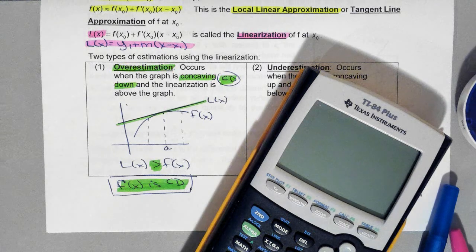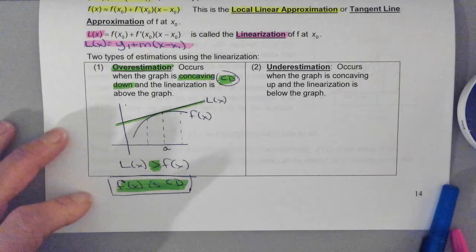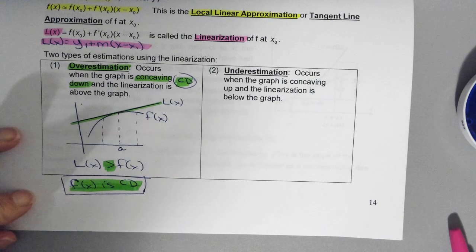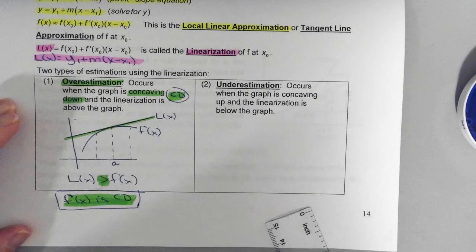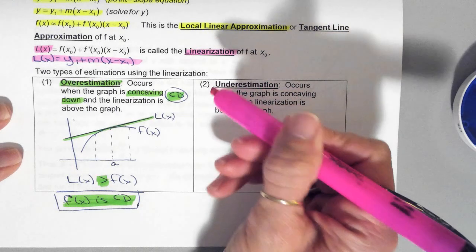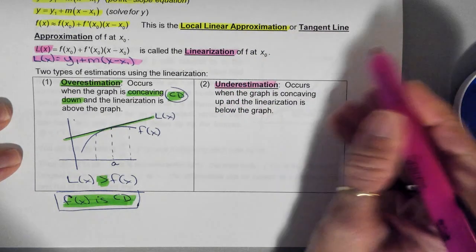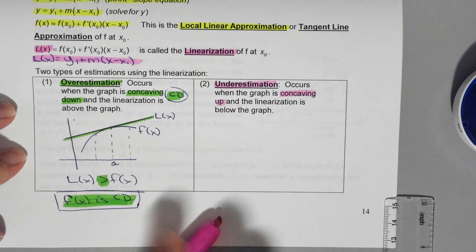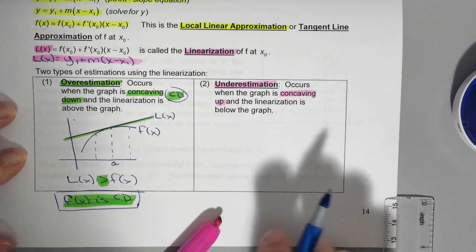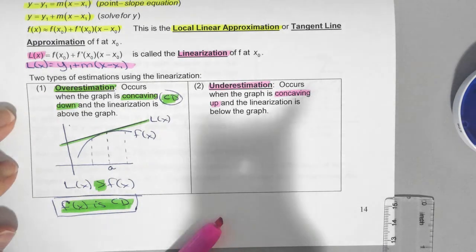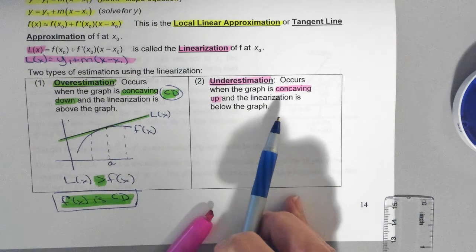All right, so now we're actually going to talk about what would happen or occur that would give us an underestimation. So when we're looking at an underestimation, this is when we have a function, whatever is given, and the area that we're looking at is concaving up. So we're actually going to use an underestimation.